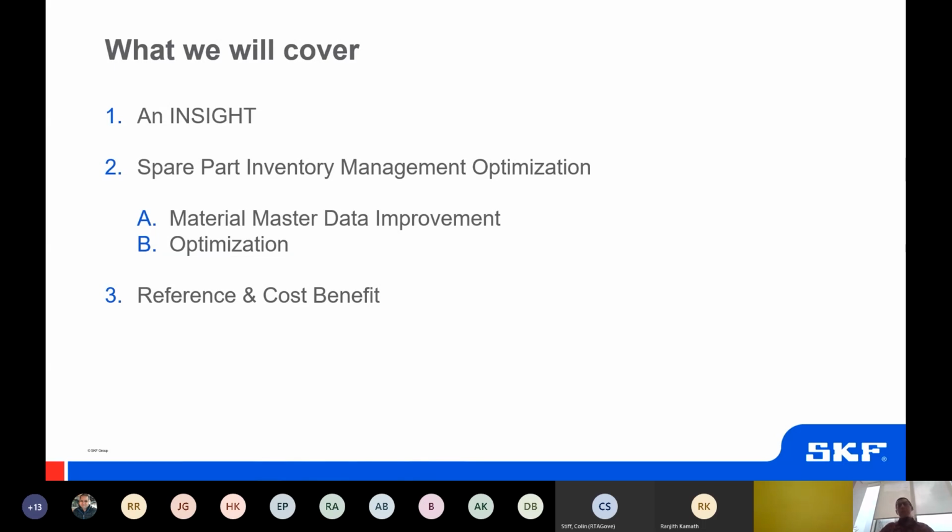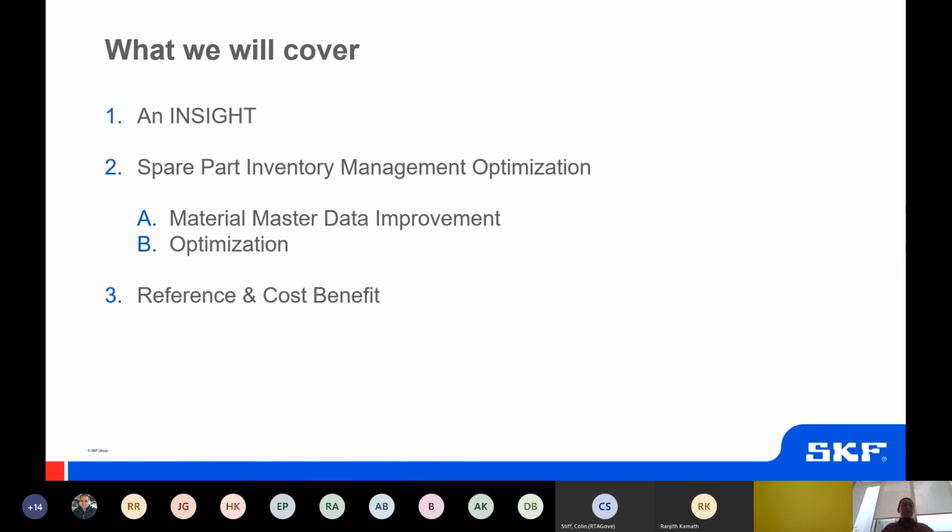Okay, coming back to today's presentation. We are going to talk about three different areas. One is, of course, the insight, what happened around inventory management. This is something that you may refer to your organization also, but it refers to what happened globally around inventory management.